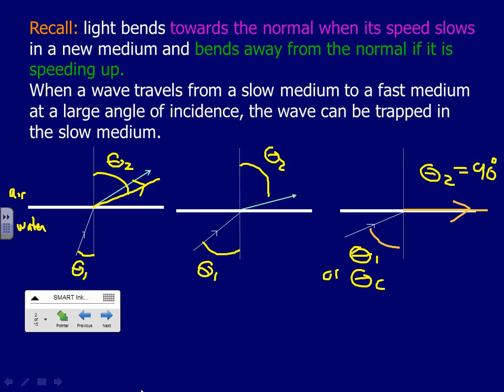It's the angle that results in this ray going right along the edge. At this point, we would also see a reflected ray. And not that we would do math with this, but we would have a theta little r. Remember our good old little r for reflection? That's what that would be, and it would be equal to theta 1. It's a classic reflection. All right?